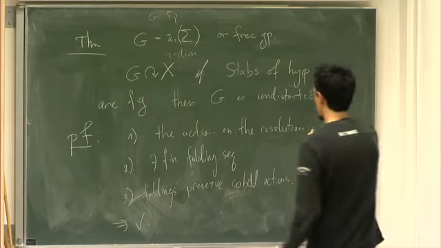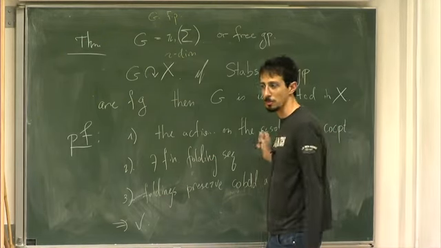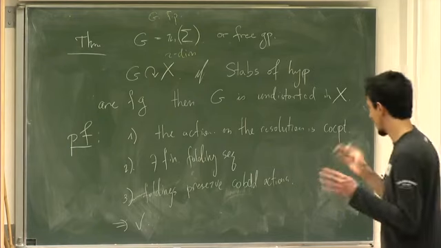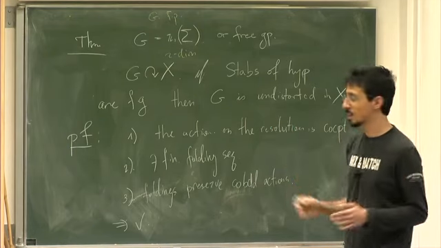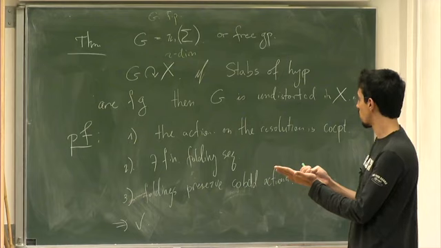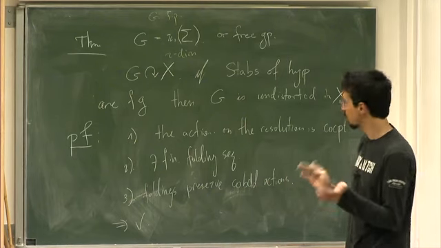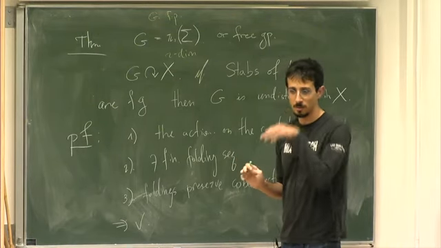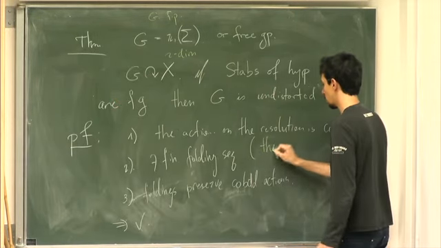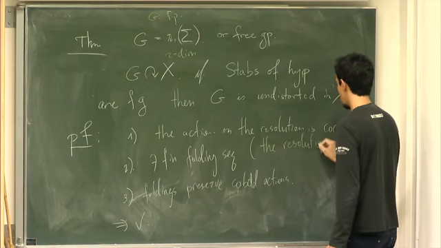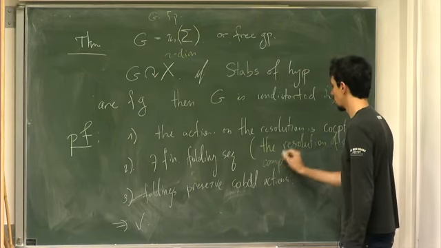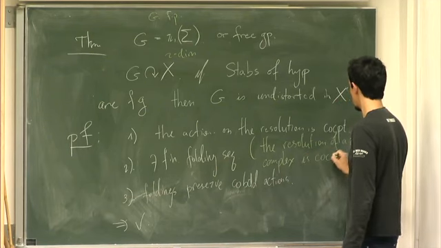So the only thing we have to verify is the first point, and this is what I told you gets completely ruined after dimension 2. But if you resolve a two-dimensional complex on which you acted co-compactly, you will act co-compactly on the resulting thing. So let me write it here. The resolution of a two-dimensional complex is co-compact.